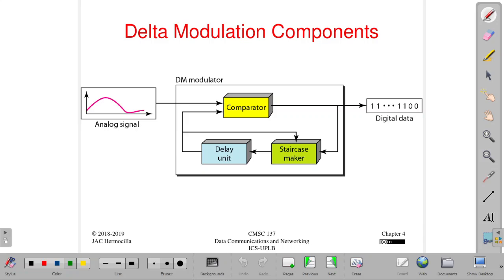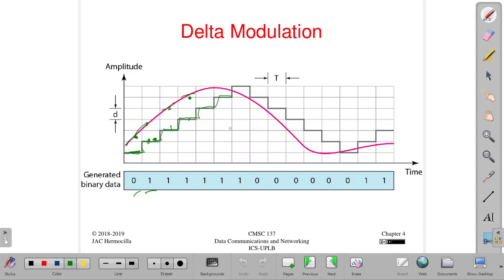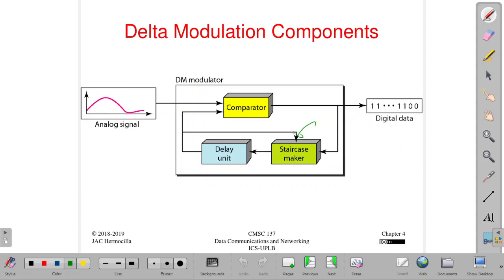So we have this component, a staircase maker. The staircase maker is the one that generates this staircase signal, and this is the analog signal. We have the staircase maker, and then we have a form of delay unit, and then we simply compare the signal with the staircase maker, which adjusts from time to time to generate the digital data.